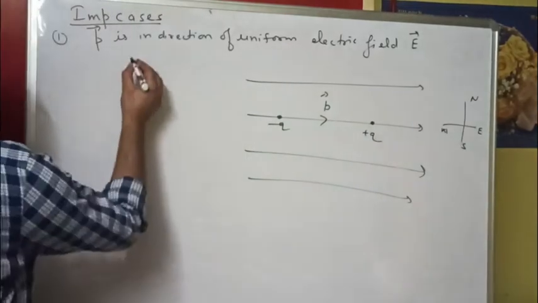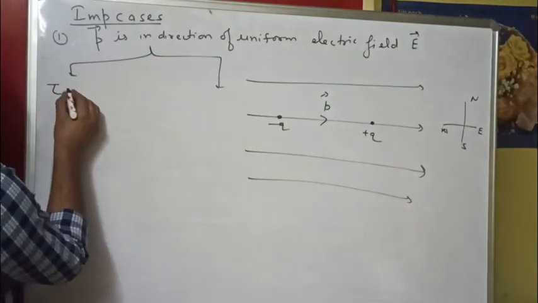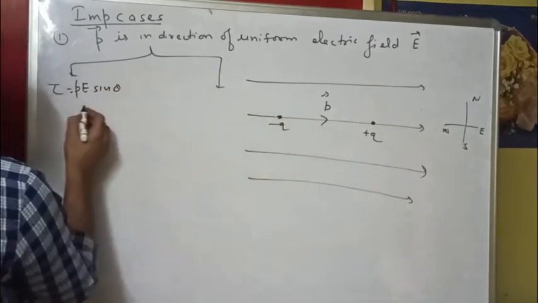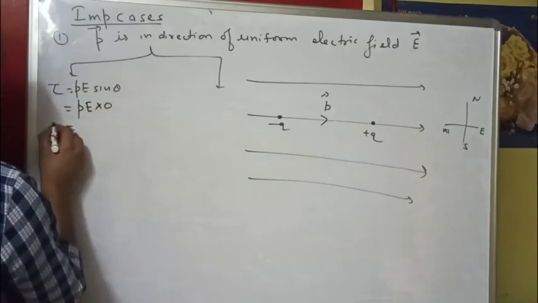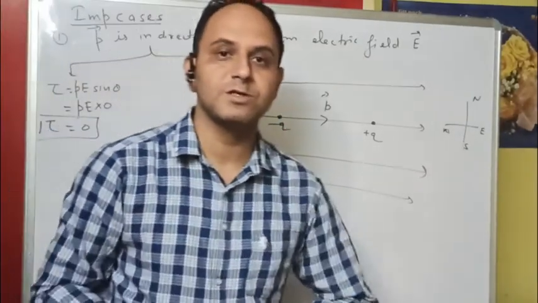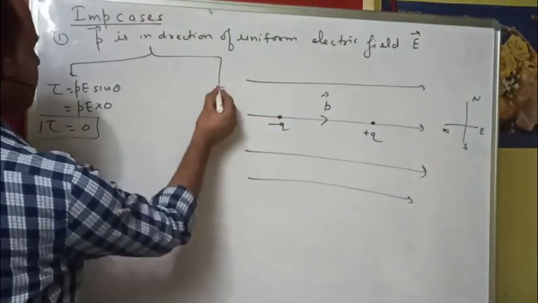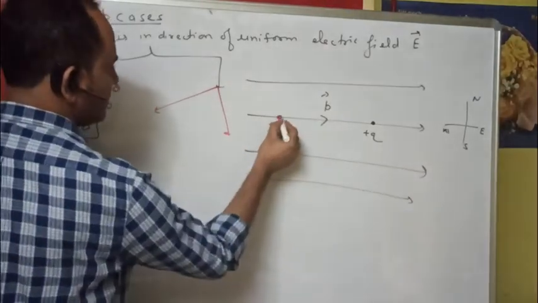Okay. So two things will be found out in this situation. One is the torque. So torque will be pE sine theta. And in this situation theta is 0 degree, so sine theta will be 0 and torque will be 0. So no turning effect will be observed in this situation. Now, what is the force on minus q charge?